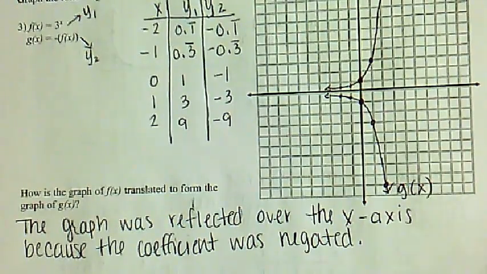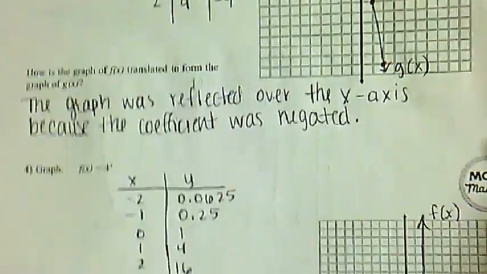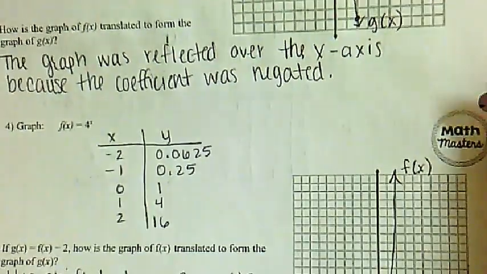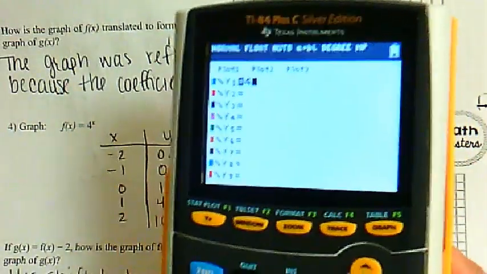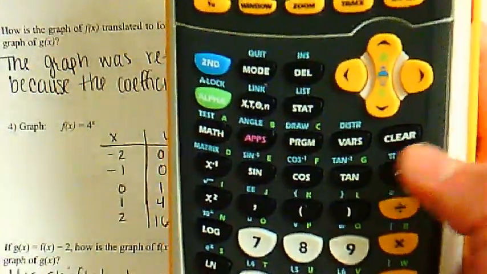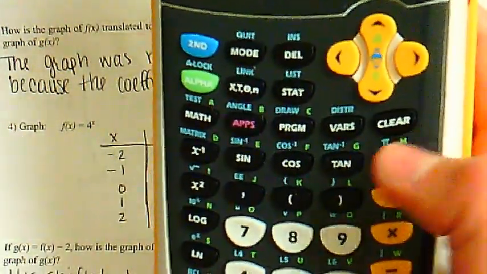And on to the last question. Okay, so again, at this point, you should be able to put this into your calculator. So put y equals 4 to the x into your calculator, 4 raised to the x power. When you're putting this into your calculator, to get the exponent, you have to hit this button right here.